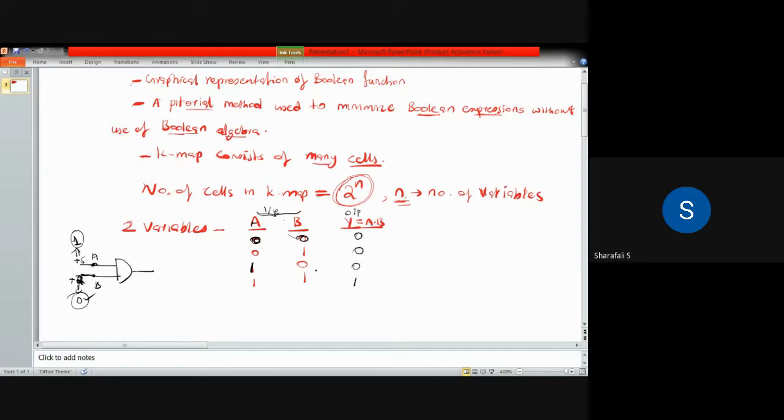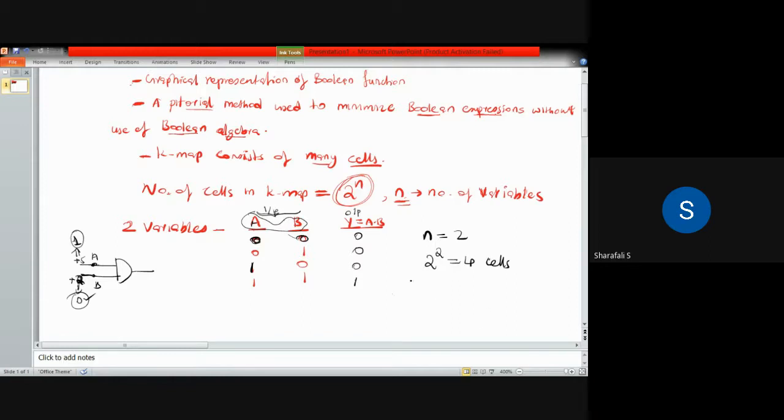But you can see that there are two variables here, A and B, they are the inputs. So we have n equal to 2. We need 2 raised to n, which is 2 raised to 2 equal to 4 cells. So if you have any system with 2 variables, then we need 4 cells in your K-map.